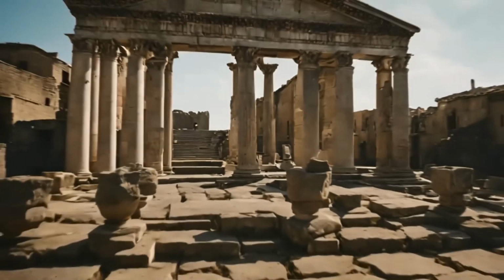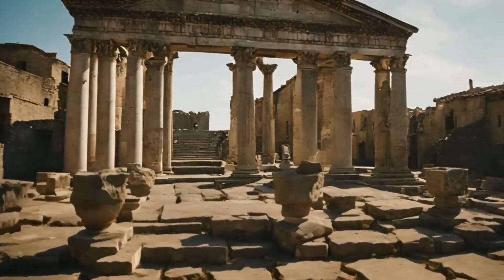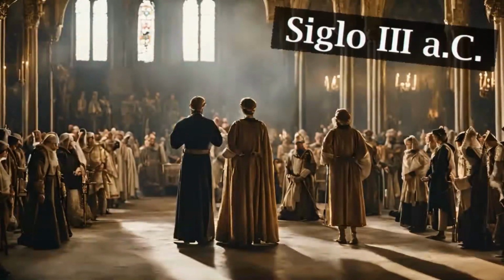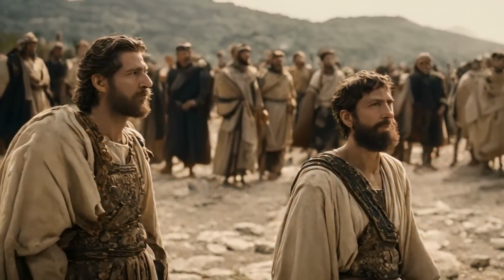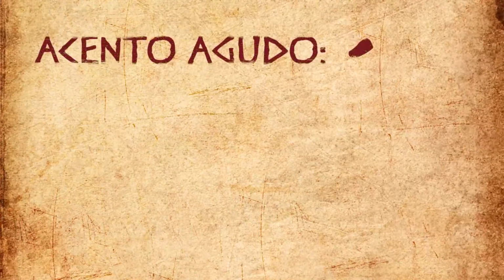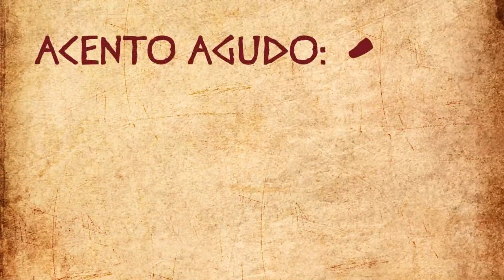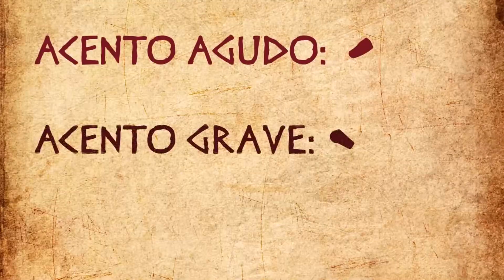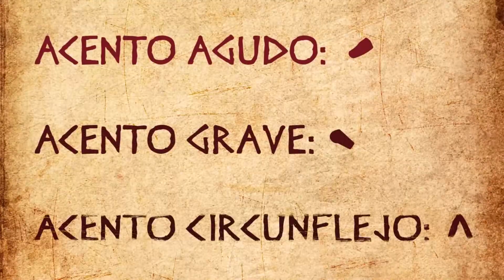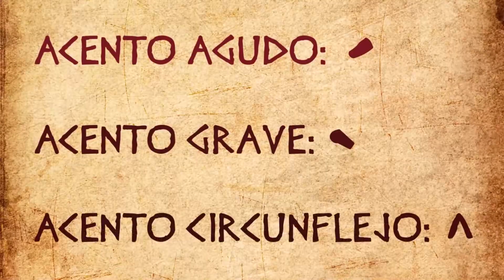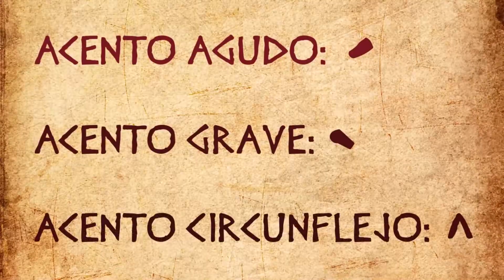To represent it, Greek scribes from the Alexandrian period in the 3rd century before Christ devised a system with three marks. The acute accent, which indicated a rise in pitch, the grave accent, which implied a lesser elevation, and the circumflex, which reflected a rise followed by a fall in pitch.